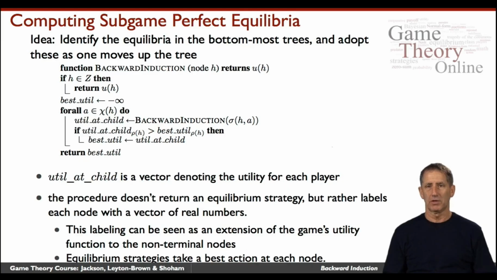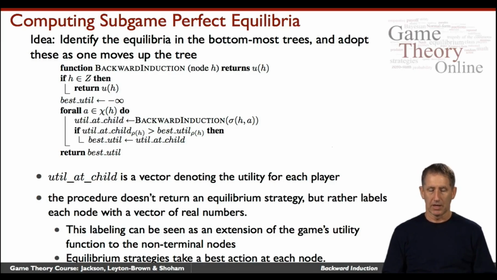And that's the goal of this procedure called backward induction. And the intuition is very straightforward. We'll go to the leaves and back up slowly at every step of the way, assuming the agents will take an action that maximizes their payoff at that node. And so that's the intuition.